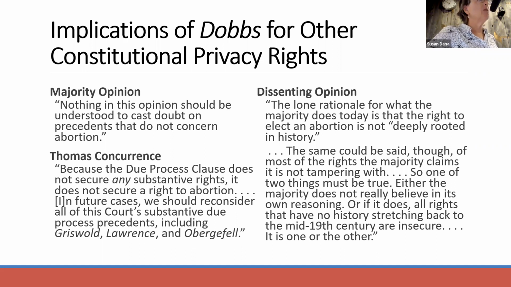But I think we have a lot of unruly state legislatures around the country, including perhaps our own, who will be passing laws that say no same-sex marriage, no protection for same-sex sexual conduct, because it's the same strategy Mississippi used for abortion.